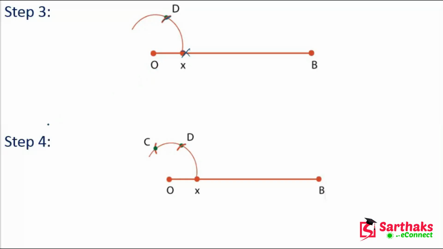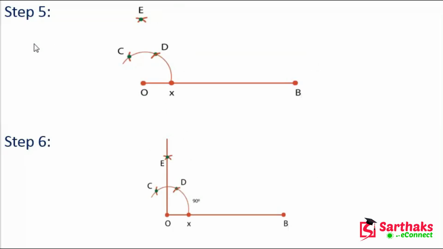Now in step number 4, take D as the center, and with the same radius draw an arc that cuts the first arc at point C like this.